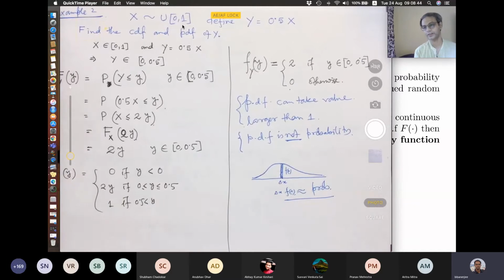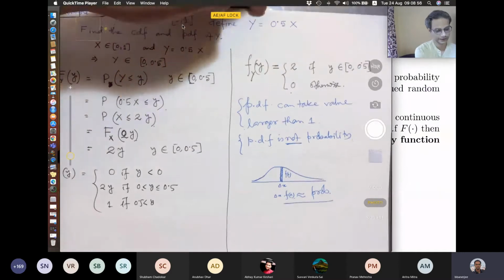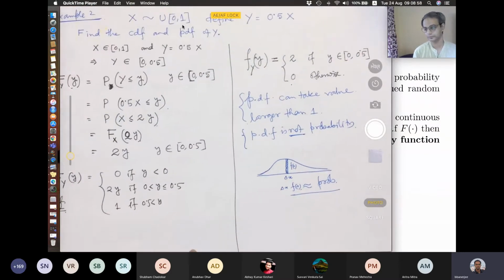Now the summation of f x delta x, that is integration, and that is probability. Is it okay? Any query? Any doubt? Let me know. Anything else that I should cover? PDF.